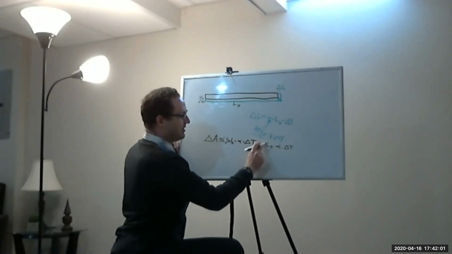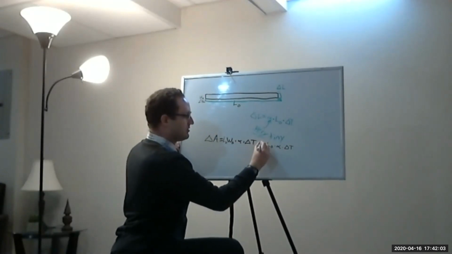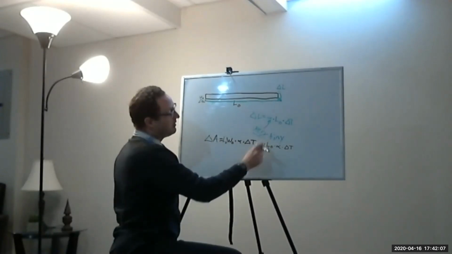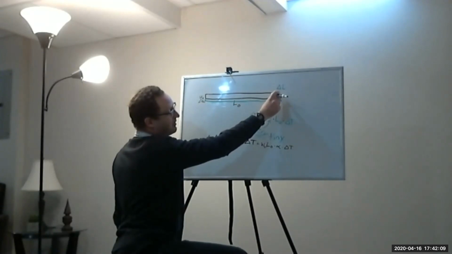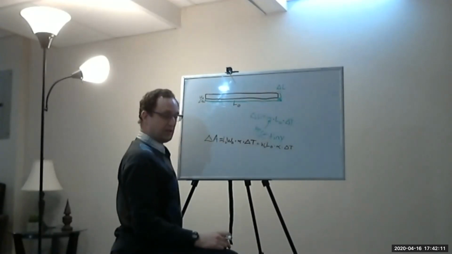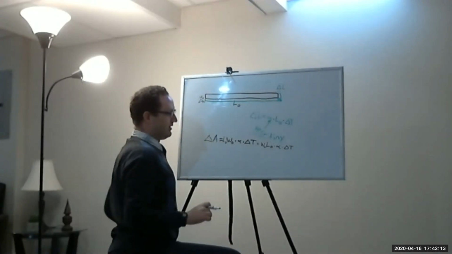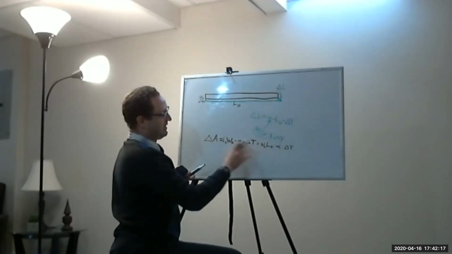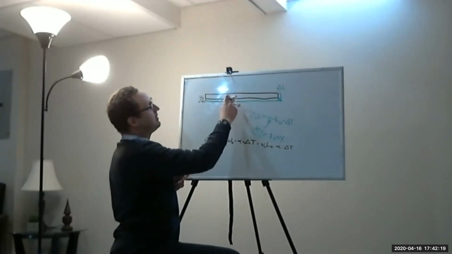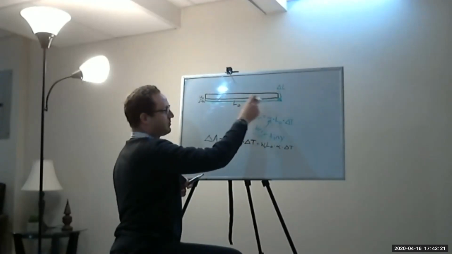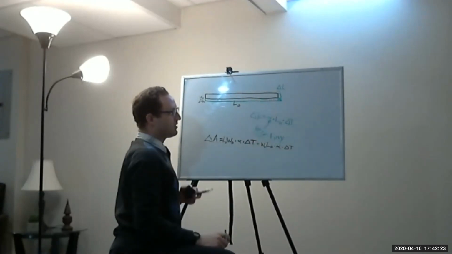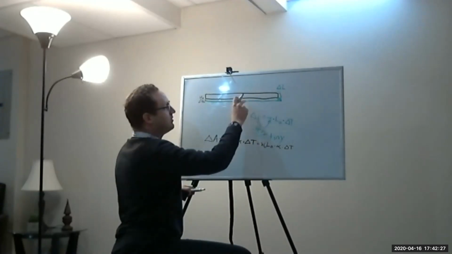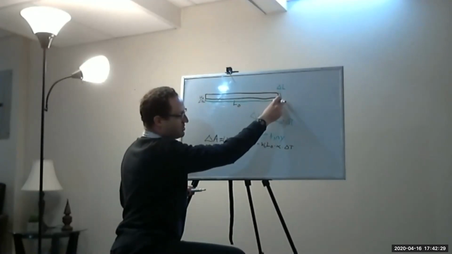Here I get an extra W naught for that width changing. From what I described, this one is delta L and delta W. That's these two sections. What about this section? Well, it's going to be these two basically multiplied by each other.